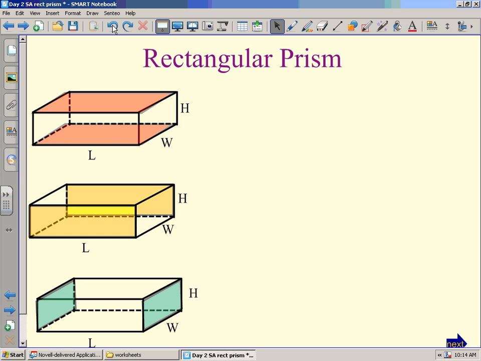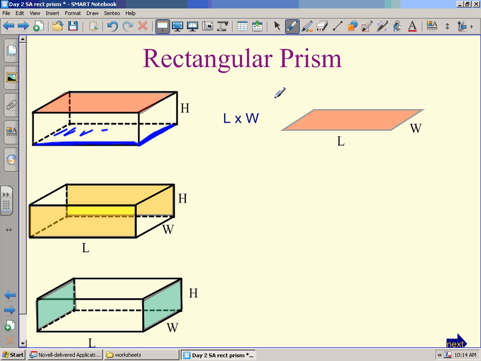Now when we use those, we've got to look at our specific piece that we want and ask what dimensions make that rectangle. So if I look at just this bottom piece, it's this dimension here times this dimension here. Now to make that a little easier, I can pull that out and we can see that that was the length times the width. So my bottom is length times width, which is also going to be the same as my top.